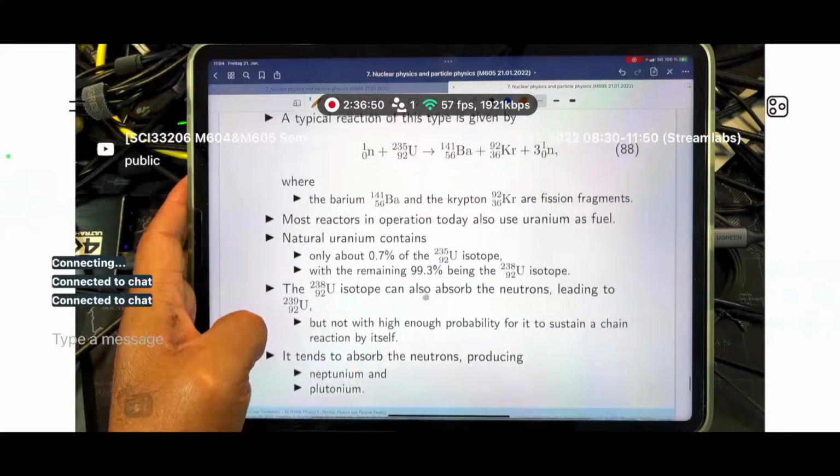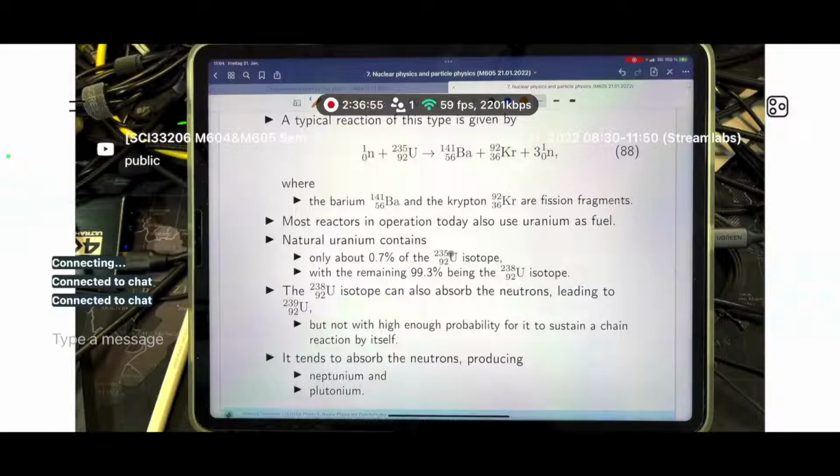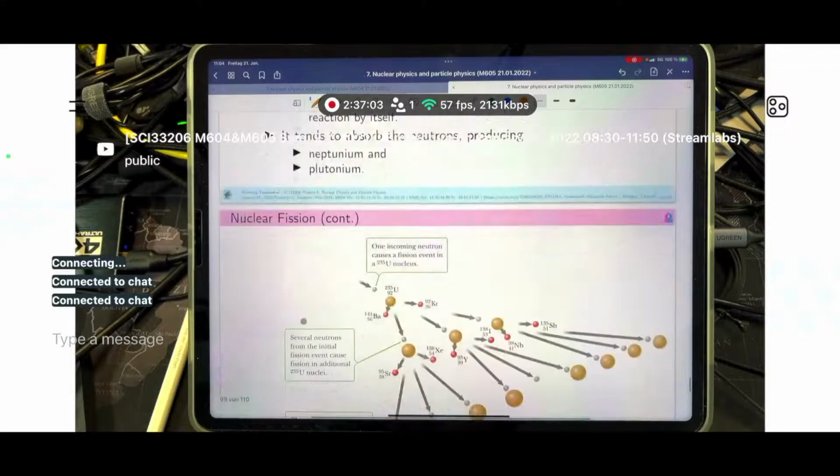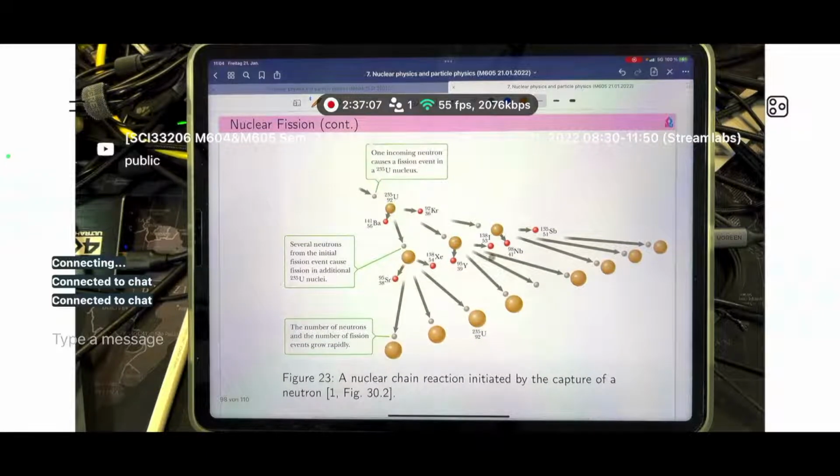But let's pay attention only to uranium-235, because this is the isotope that could take place automatically without any further feeding of neutrons. Okay, that's the nuclear chain reaction. That's why we say it's an automatic process.